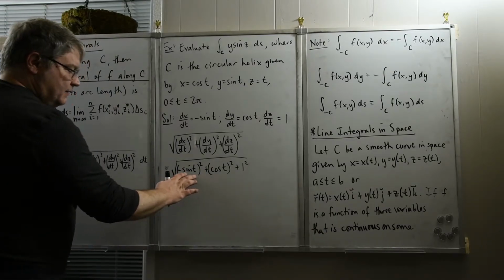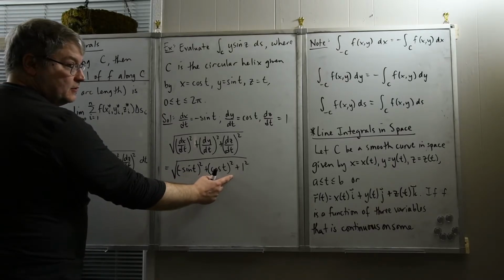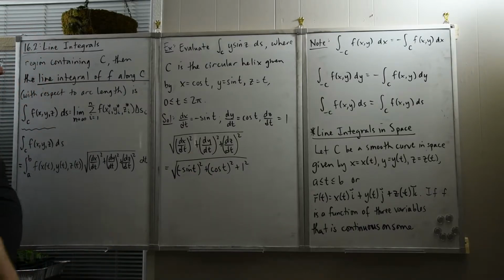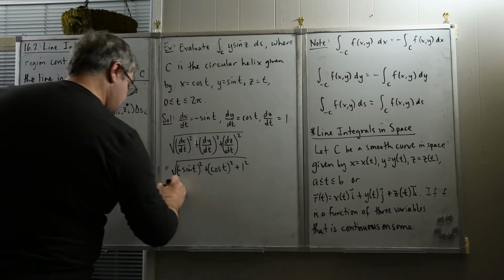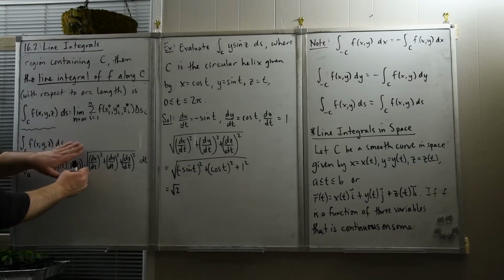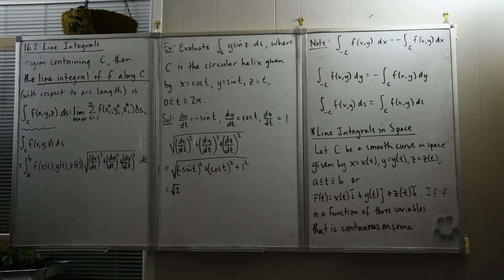But if you square the negative sine t, that's going to be sine squared t. You're adding cosine squared t, and we know sine squared t plus cosine squared t is equal to 1. So you're going to have 1 plus 1 squared, that's 1 plus 1 gives you 2. So it turns out that this part would actually just be the square root of 2 in this case.